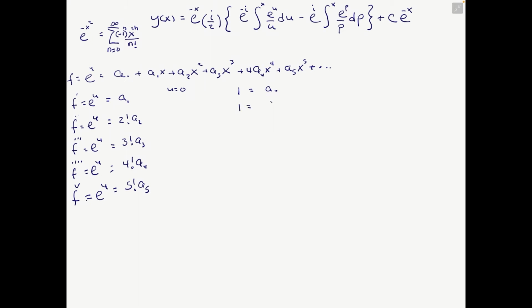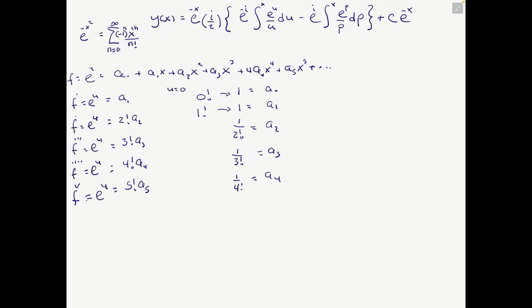1 equals a1. 1 on 2 factorial equals a2. 1 on 3 factorial equals a3. 1 on 4 factorial equals a4, and so on. So you end up, and this is really 0 factorial, and this one is 1 factorial.